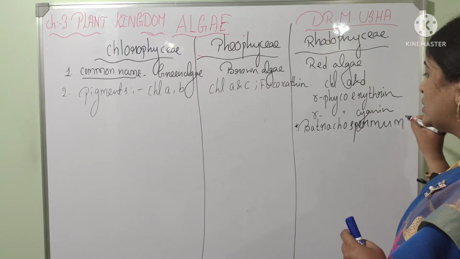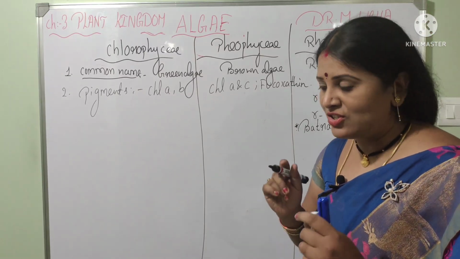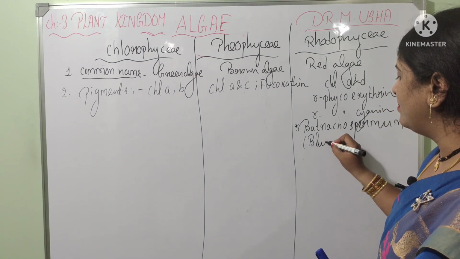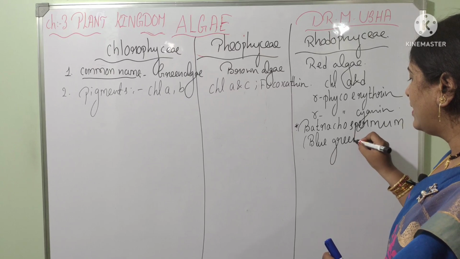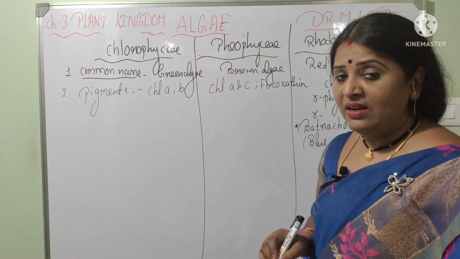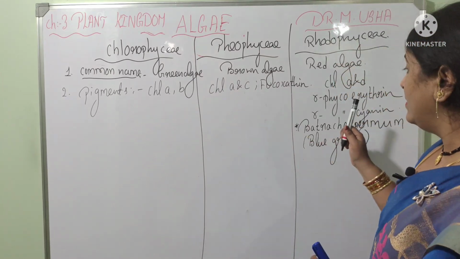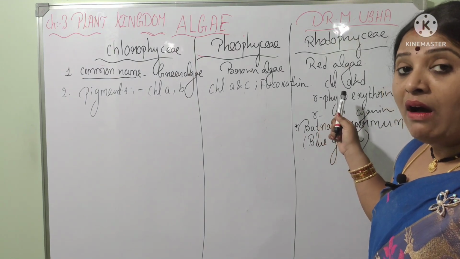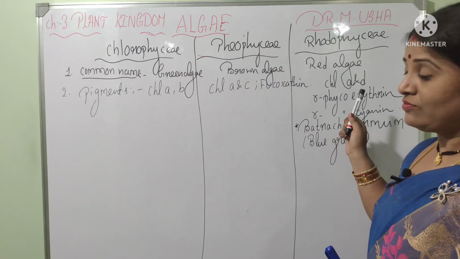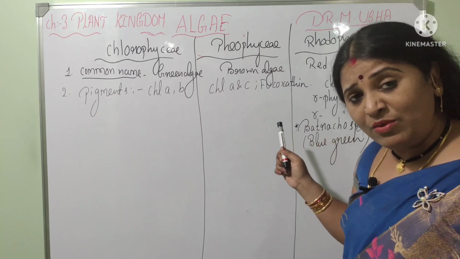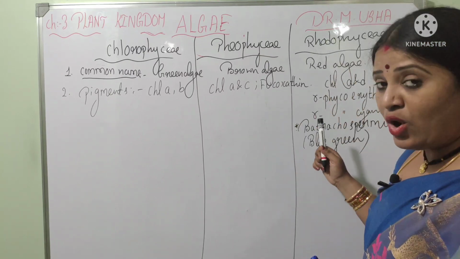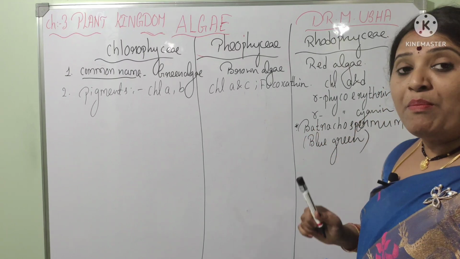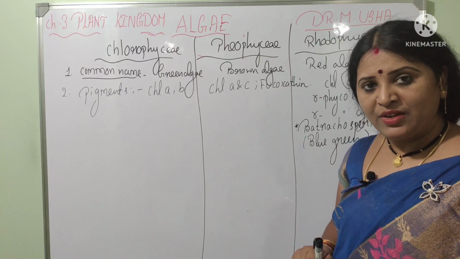Batrachospermum is a red alga, but it is blue-green in color. The main reason, please listen carefully: R-phycocyanin predominates over R-phycoerythrin in case of Batrachospermum.